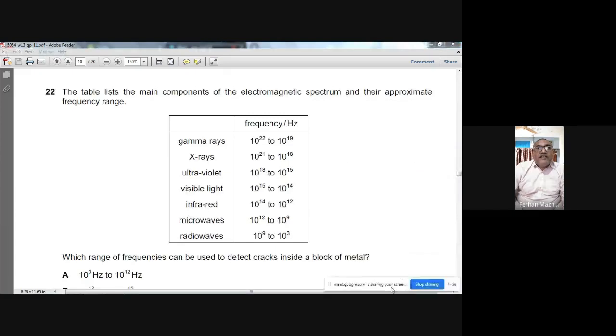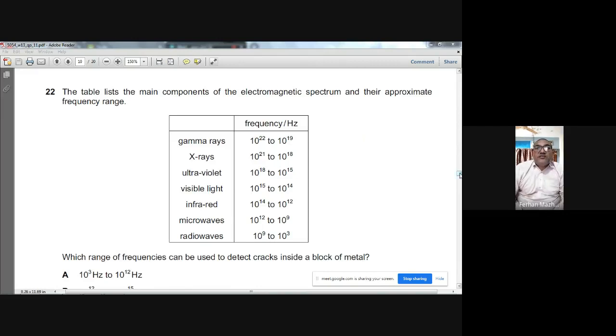Next question we have here is, the table lists the main components of the electromagnetic spectrum and their approximate frequency range. Which range of frequencies can be used to detect cracks inside a block of metal? We use X-rays. Most of the time we are using X-rays to detect cracks. So question number 22.